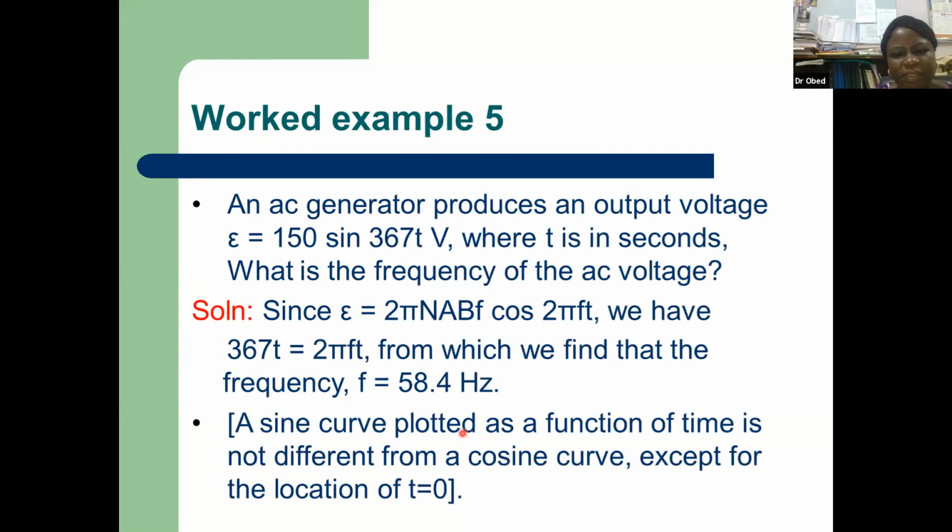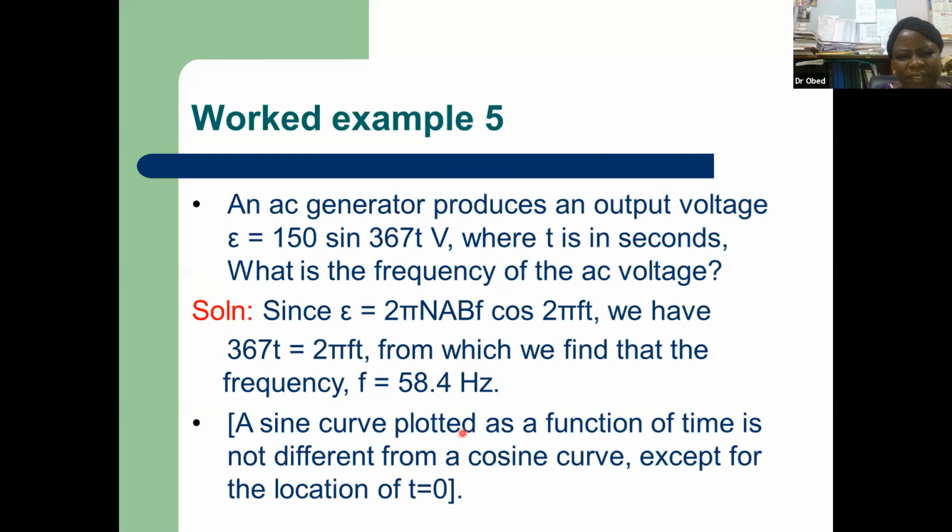So this is another worked example. An AC generator produces an output voltage equal to 150 sin 367t volts, where t is in seconds. What is the frequency of the AC voltage?